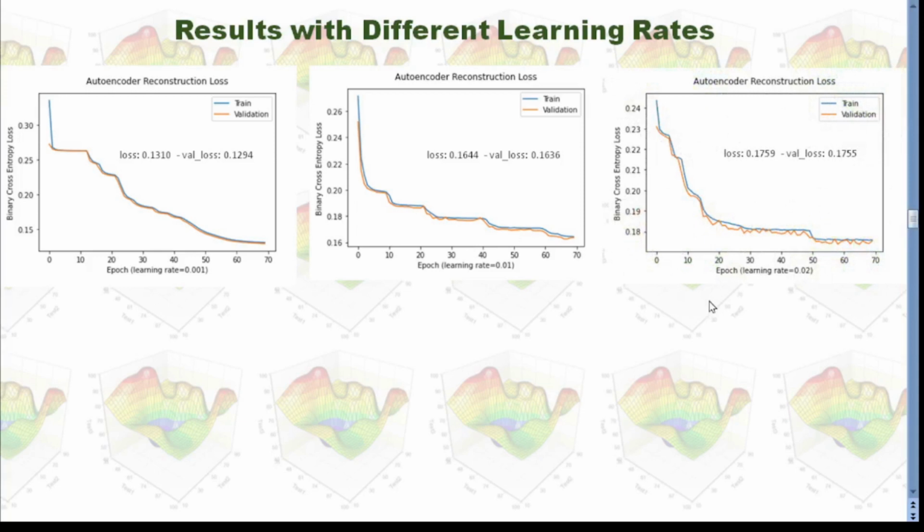And if we have even larger learning rate, 0.02, you can see it is getting worse, and also for the validation set, the loss value of the loss function jumps around.